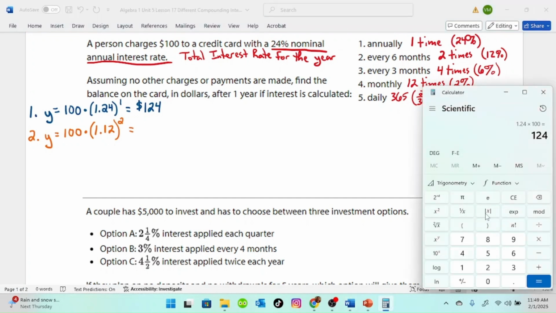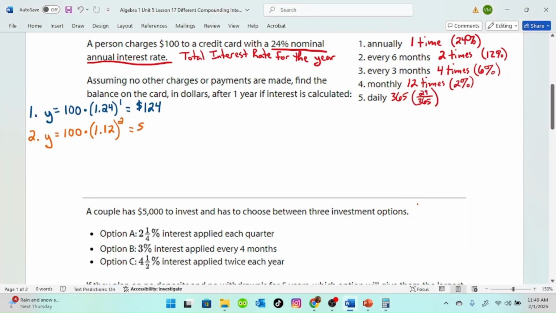So we're going to go to the calculator. 1.12 to the power of 2. And now we're going to multiply that by the initial $100. Now you can see that we would pay $125.44.